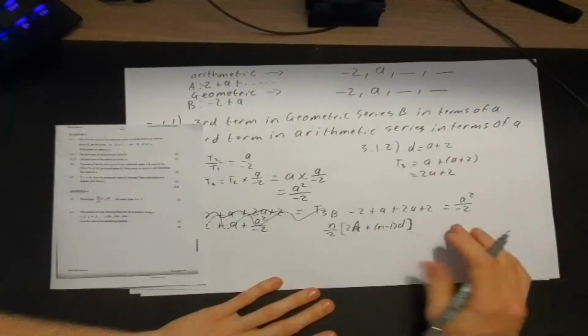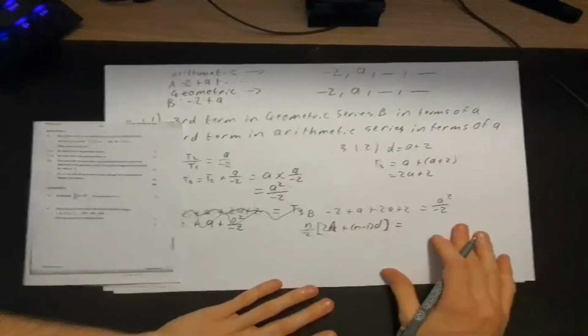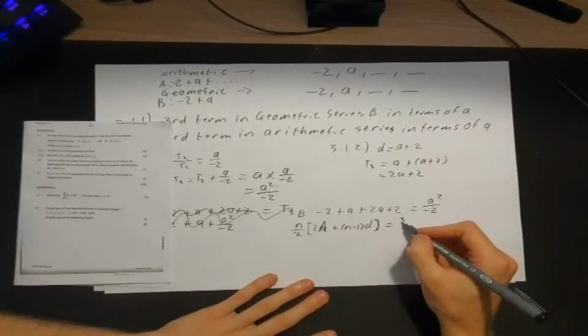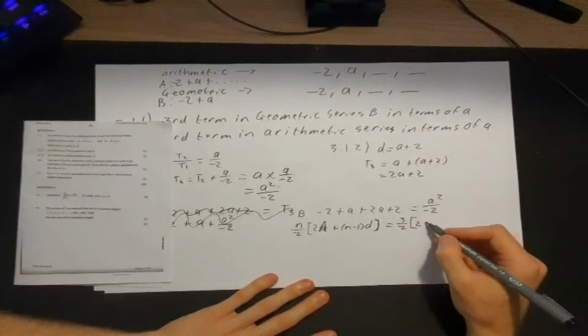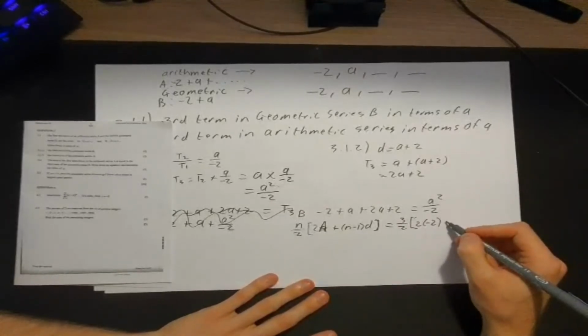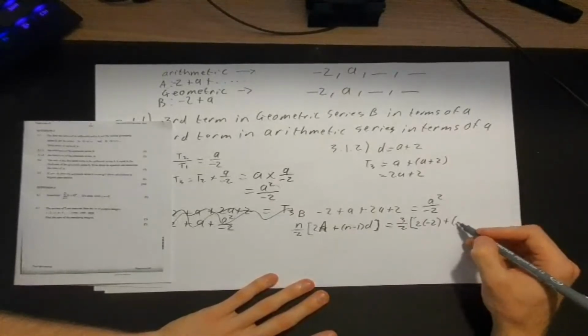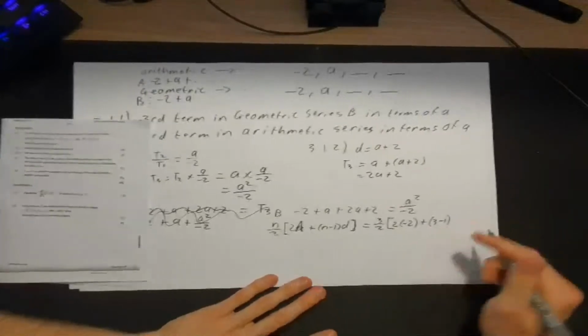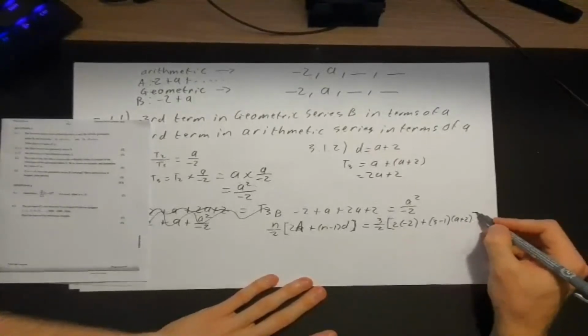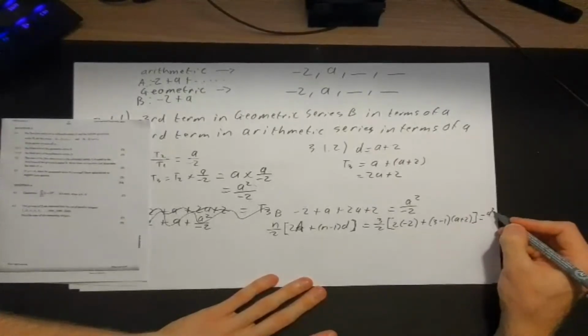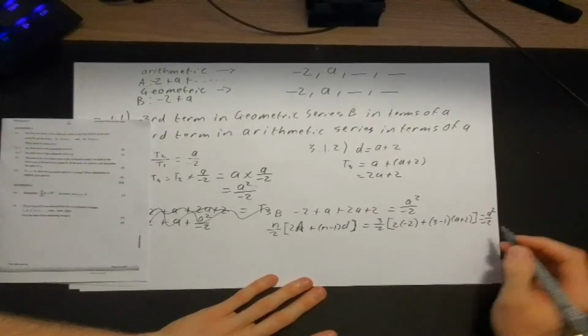And we're looking for the third one, so we're going to have 3 over 2 times, what's our first term? Our first term is -2, plus we're dealing with 3 minus 1 times our common difference. What was our common difference? It was a plus 2. And that's all got to equal a squared over -2.